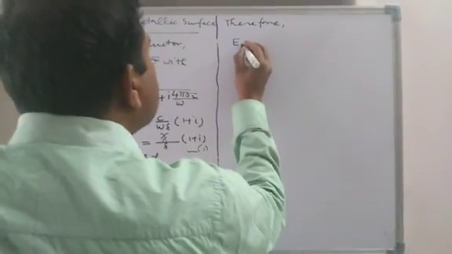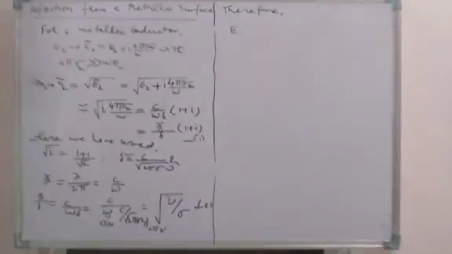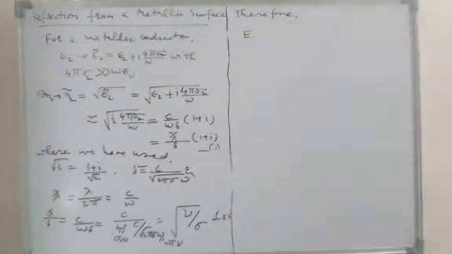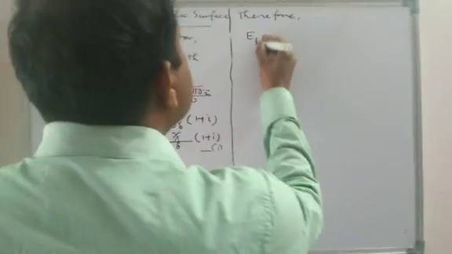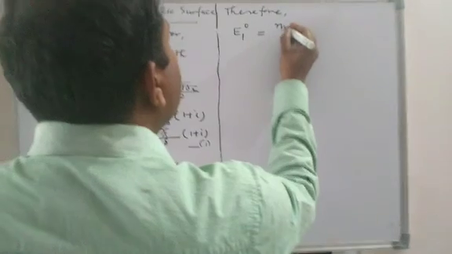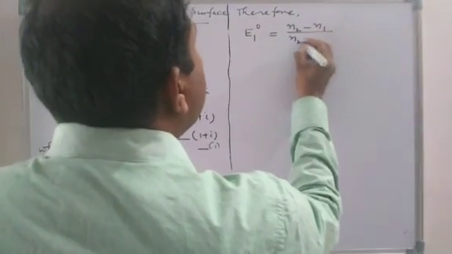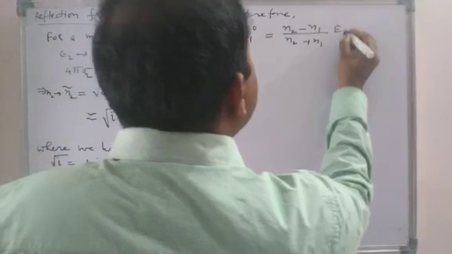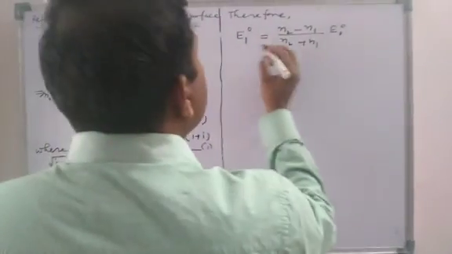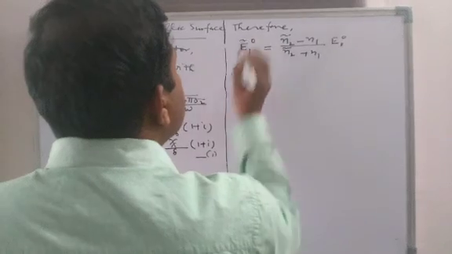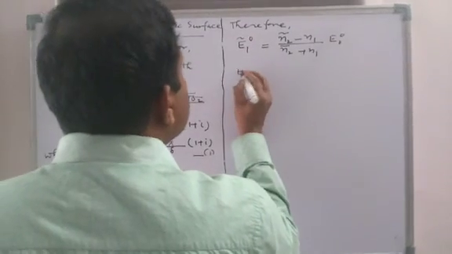Now let's write what the value of the amplitude for the reflected wave should be. So this was E1 naught, which was N2 minus N1 upon N2 plus N1, and then E naught naught. However, this has become N2 naught, so it is going to be something like this.